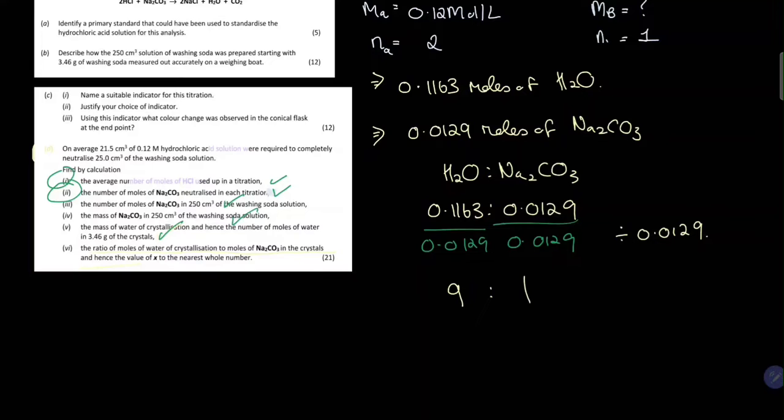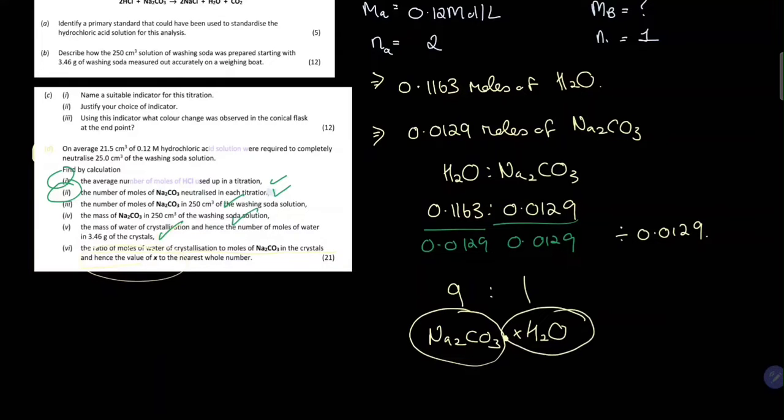So that means, hence the value of x to the nearest whole number, that the sodium carbonate crystal bonds with 9 water molecules around it. This Na2CO3.xH2O, that's just a ratio. That dot means that one molecule of sodium carbonate reacts with how many molecules of water.